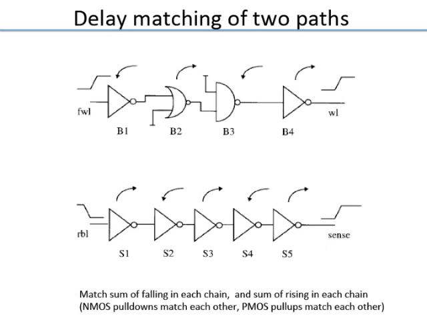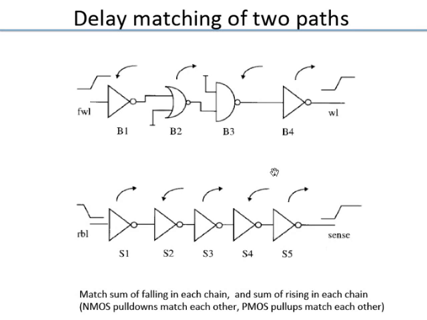So you need to match those two. If they have the same number of stages, it's a trivial problem. You just replicate it. But when there is a different number of stages, what do you do? You have to look at this and say, for me to generate a signal, I have 2 rises and 2 falls, whereas here I have 3 rises and 2 falls. So you try to match the falls to falls, and rises to rises.